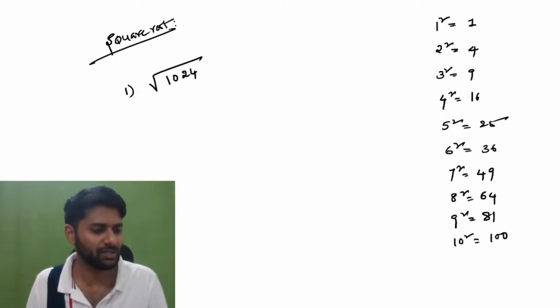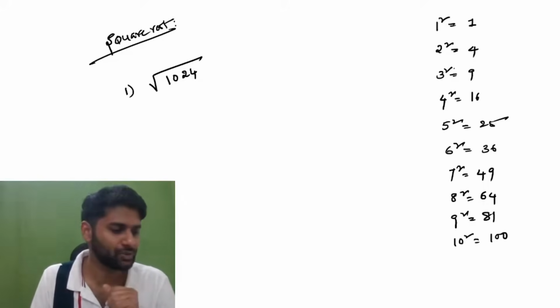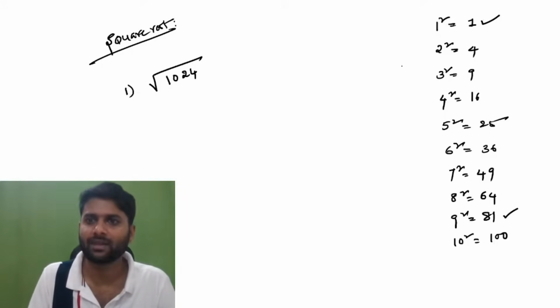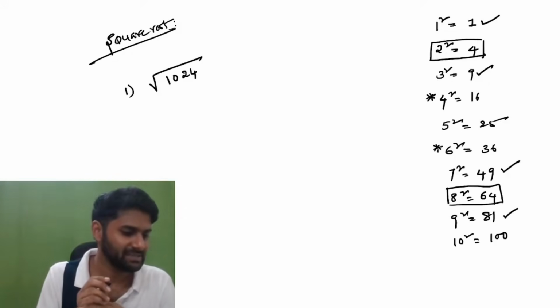If you observe the units places, each units place is repeated 2 times. Now see, 1 as the units place you can see in 1 square and 9 square. And 4 as the units place you can see in 2 square and 8 square. In the same way, 9 you can see in 3 square and 7 square. And 6 as the units place you can see in 4 square and 6 square.